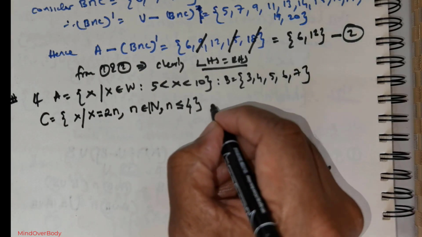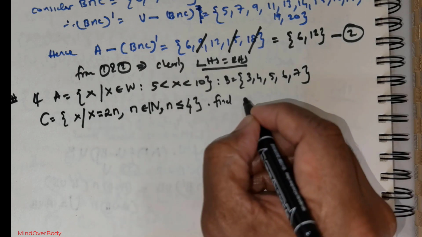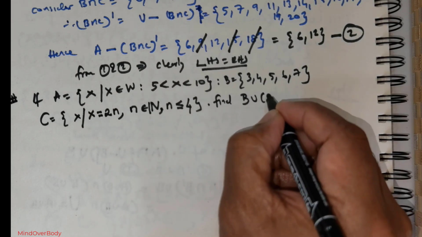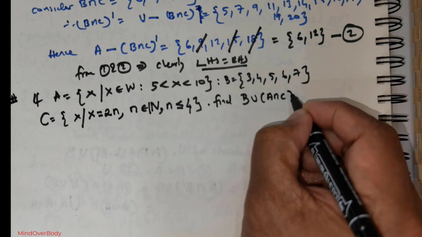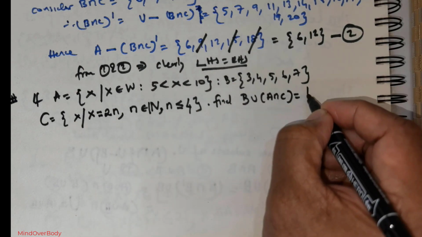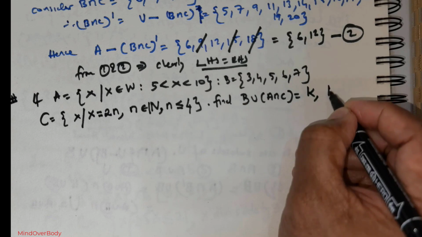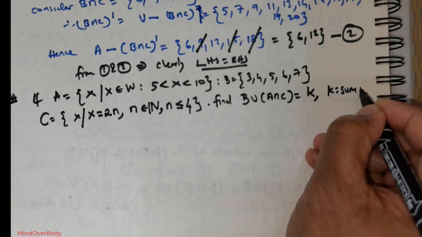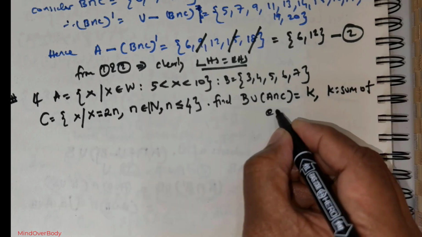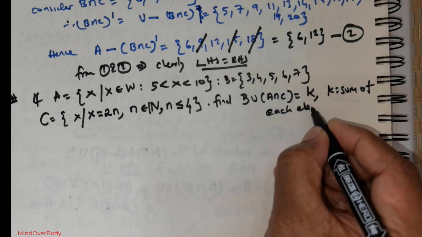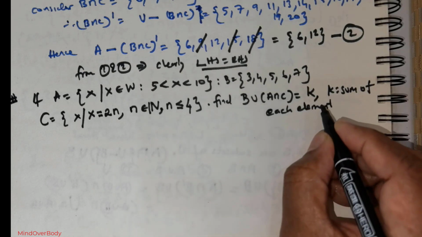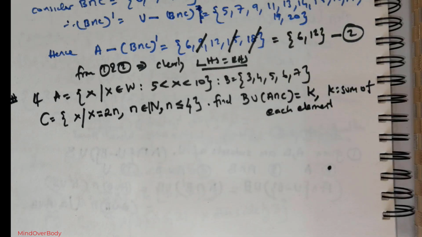Now we are expected to find B union A intersection C, and that value is given to be as k, where k is nothing but sum of each element. So that is the question.